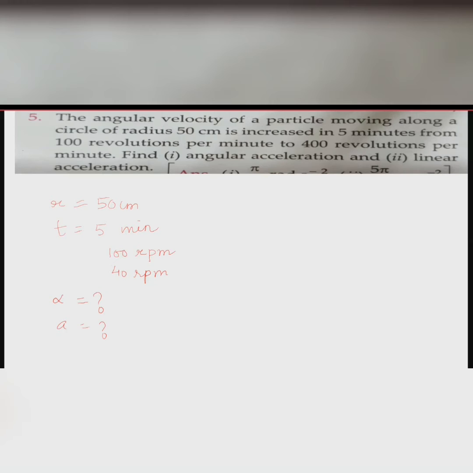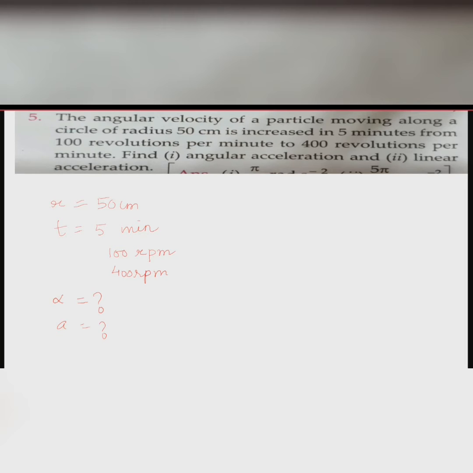Now, इसमें जो 100 rounds per minute or 400 revolutions per minute, what do we do with this information? बताइए ये क्या है?